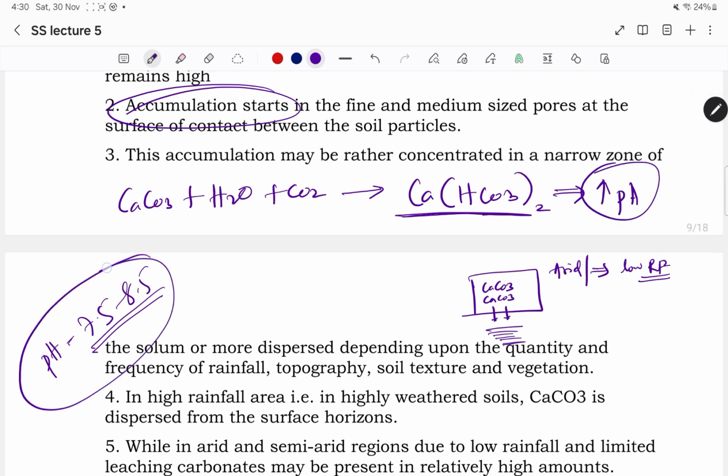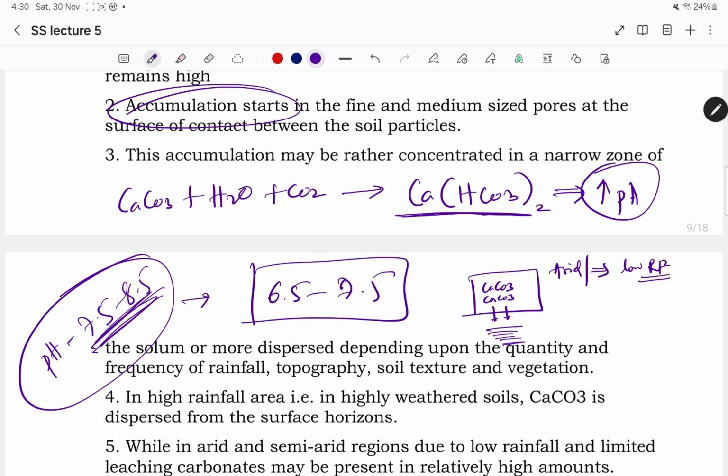That's why these calcareous soils have a pH range of 7.5 to 8.5. This is not normal. Usually the nutrients are highly available in the pH range of 6.5 to 7.5. In this range, most of the nutrients are available. Because of this reaction, the pH of the soil increases.